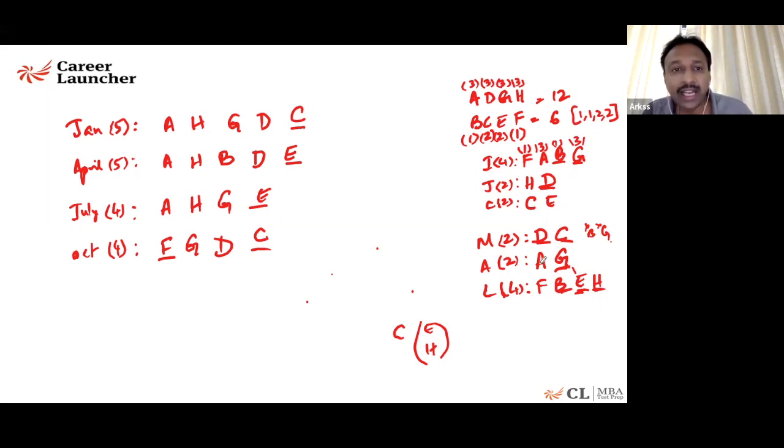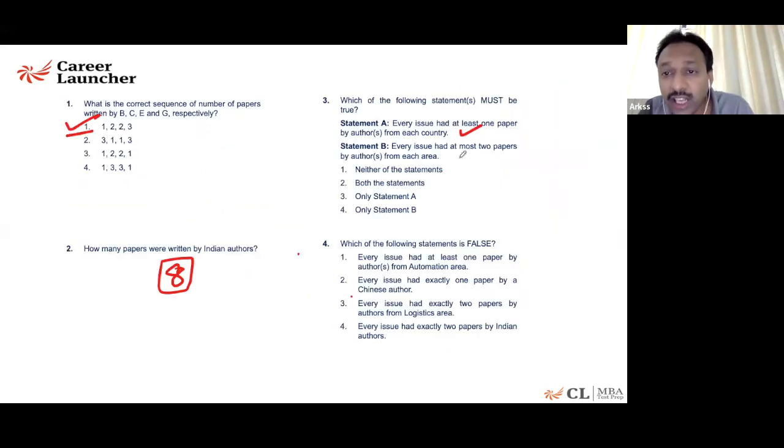A, G. F, B, E. F, B, E, H. We should get 3 from each area. B, E and H, this is a slightly difficult question, but you have from the same logistics area 3 papers in April. So this cannot be true.